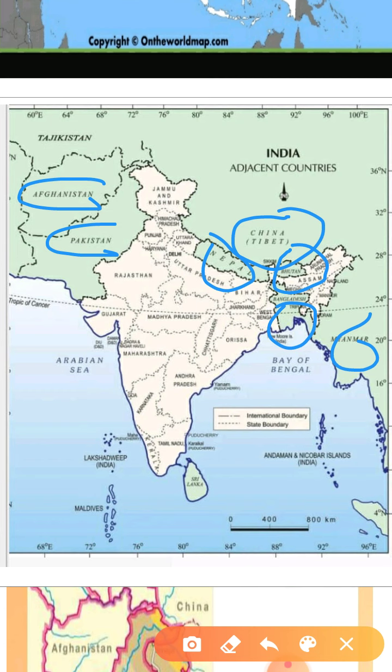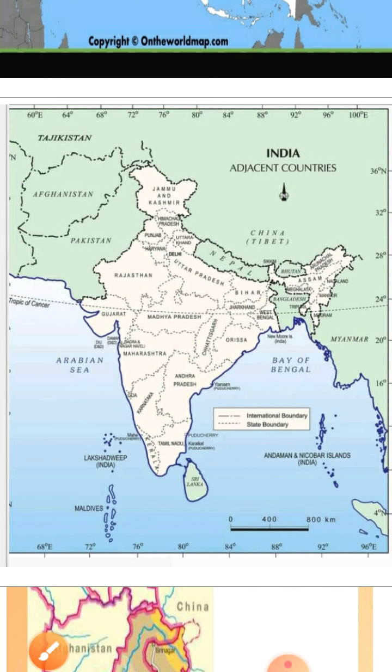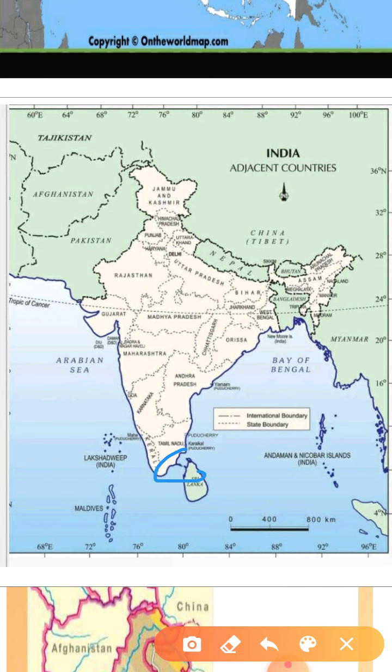But one more neighboring country of India, Sri Lanka, is not directly connected with India by a boundary, but it is also an important neighboring country, and it is separated from India by the Palk Strait.